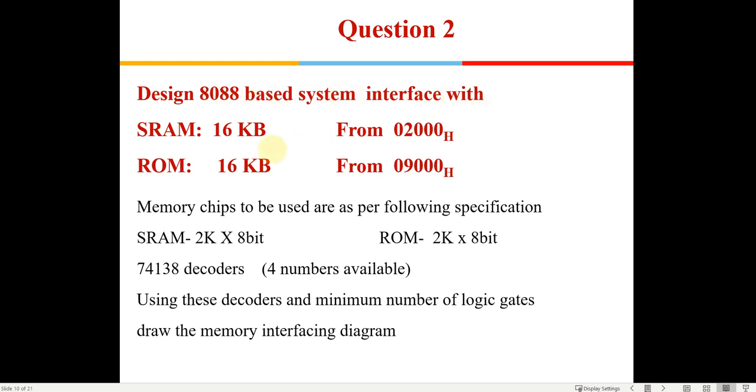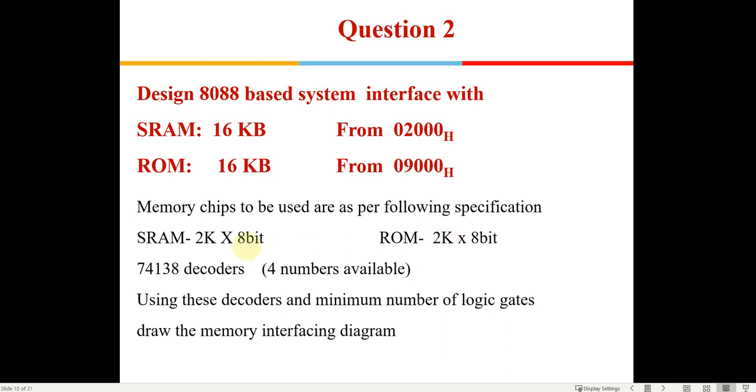8088 8-bit system interface with 16 KB of SRAM, and this is the starting address. ROM is again 16 KB, the same capacity, and the starting address is given as 9000. What we have is 2K SRAMs and 2K ROMs.